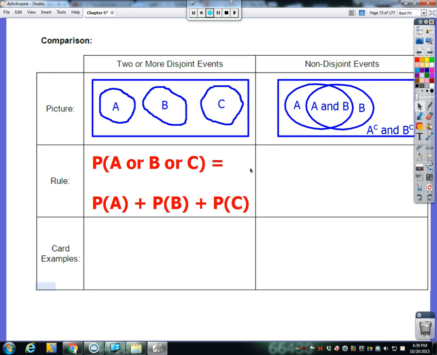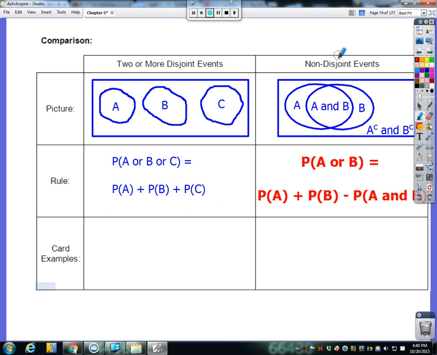Now, the rule that we came up with for disjoint events was if A or B or C were to happen, we could just take their individual probabilities and add them. But again, if we have non-disjoint or non-mutually exclusive events, we can still do the probability of A plus the probability of B, but then it's going to be these people right in here that have been counted twice, because they are both in A and they're both in B. So they've, again, been included twice in this whole ordeal.